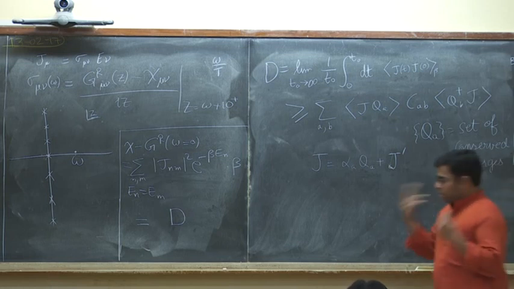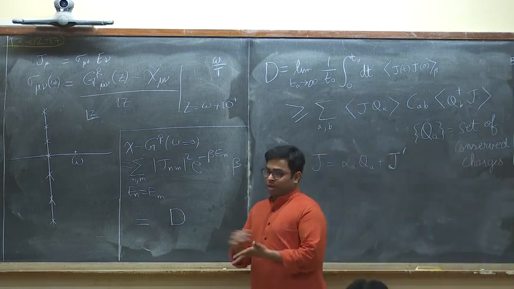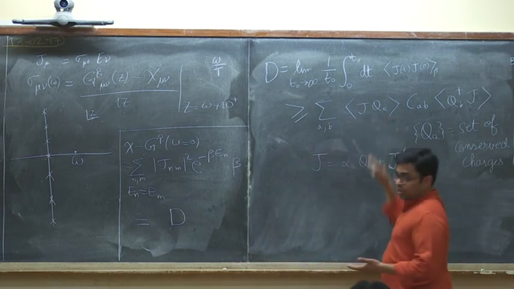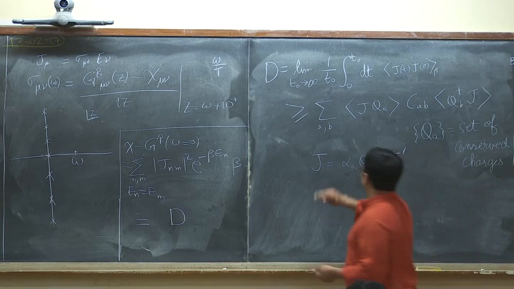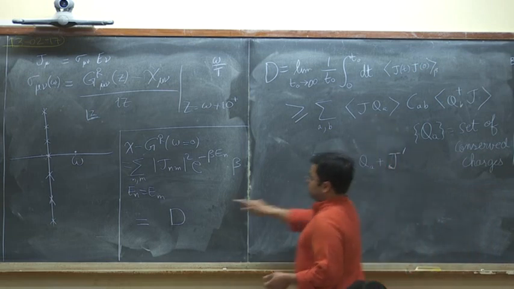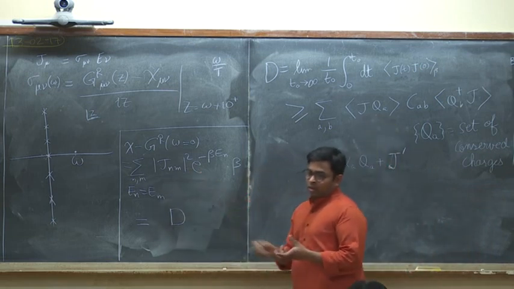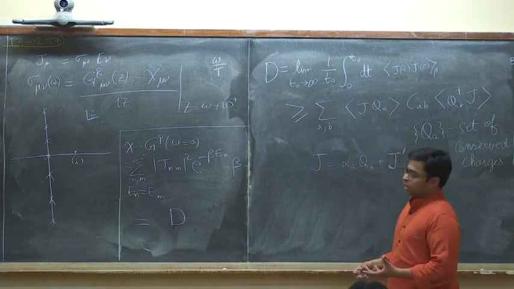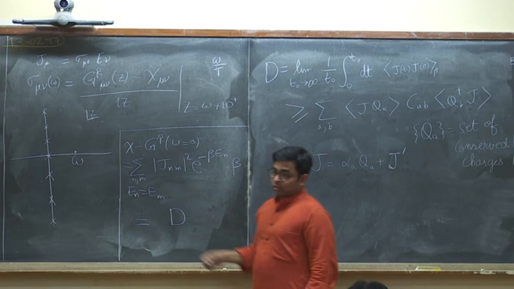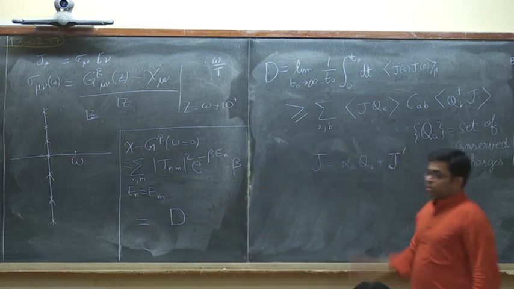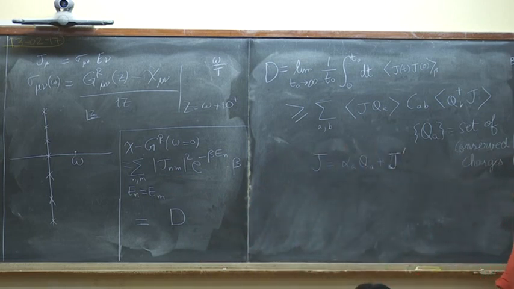Once you have these conserved charges, you can simultaneously diagonalize H and Q. And J having an overlap with Q is like J having a non-zero matrix element with some of the Q eigenstates. Therefore you get non-zero contributions from these. You're saying this ensures that there are degeneracies. There are degeneracies, yes.